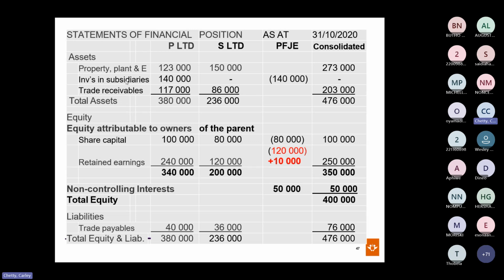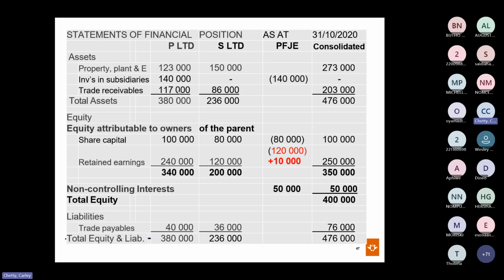Then we have an investment in subsidiary. Remember, P showed 140,000 Rand as their investment in S, which is fine in their separate financial statements. But in the consolidated financial statements, we need to eliminate this. So the pro forma journal entry will be processed to eliminate this, resulting in 0 as the investment in the subsidiary. Then we have trade and other receivables.